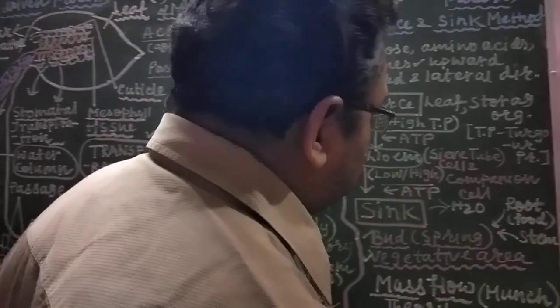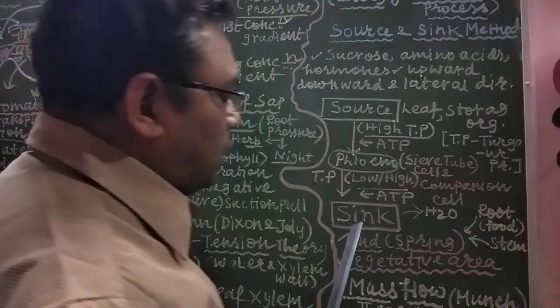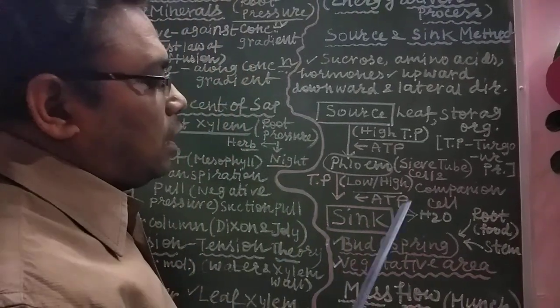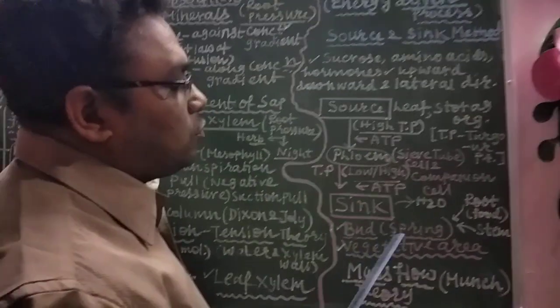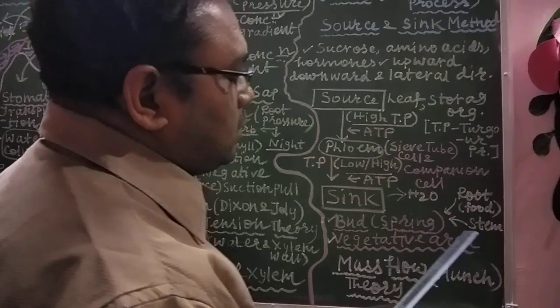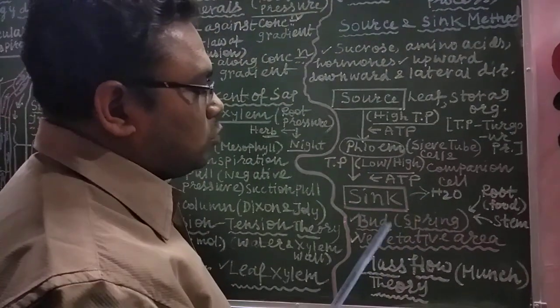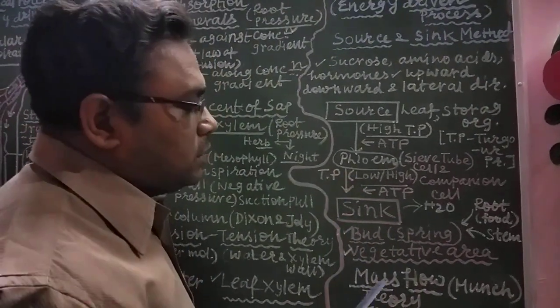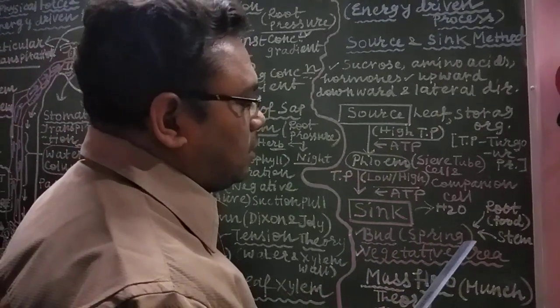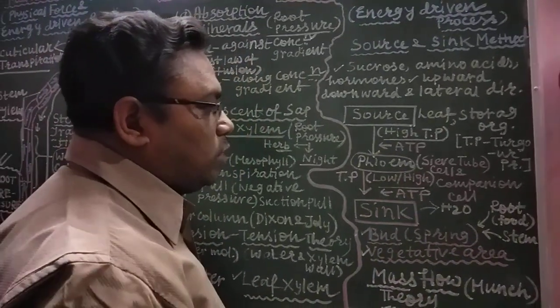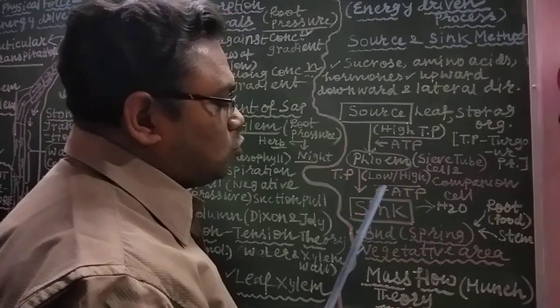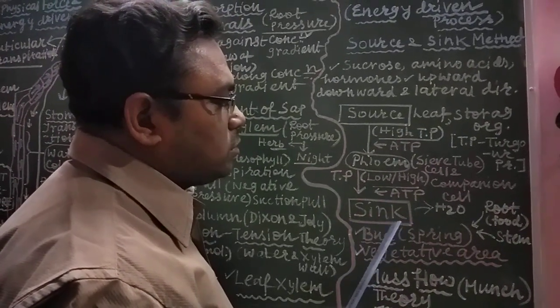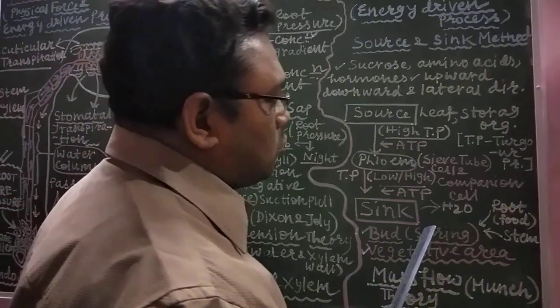That is why during the spring season, during the development of the bud, the food material from the root and stem moves towards the bud through the phloem. Wherever vegetative activities are required, the food materials go from the source to that area, which is called the sink.